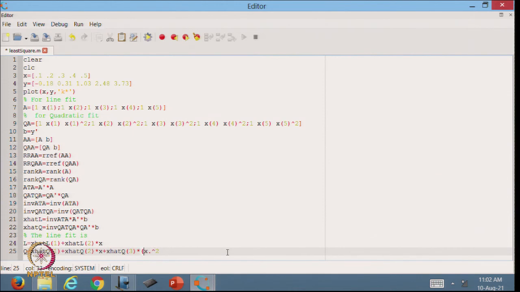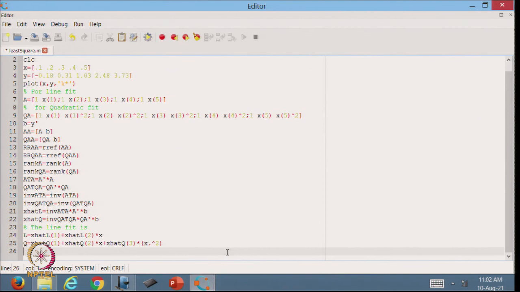So, this one I can just write like this. So, this is my quadratic fit and that is my line fit, and now I can plot these things together.